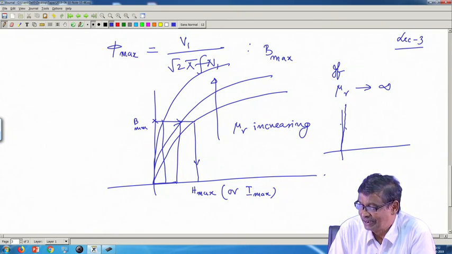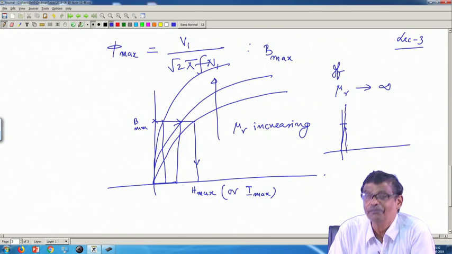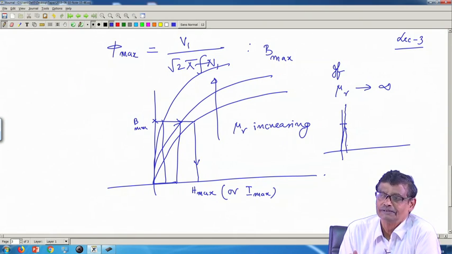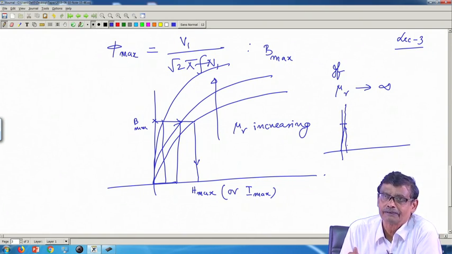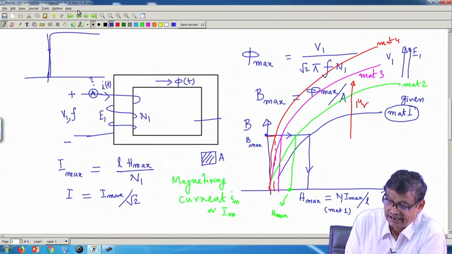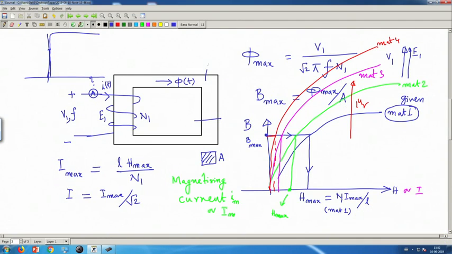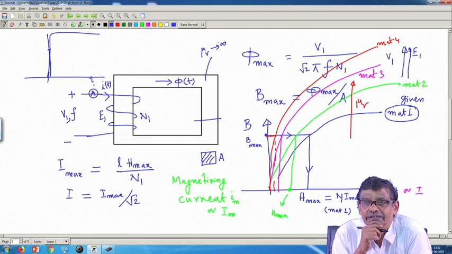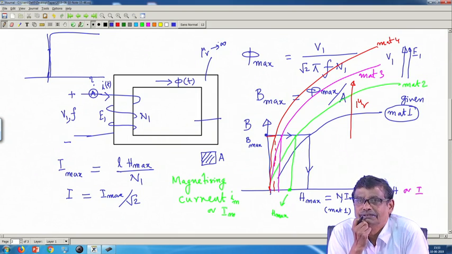Then to create a flux, current needed will be vanishingly small to establish the flux. Okay. Therefore, we can say that if this material mu r tends to infinity, what will be the ammeter reading? You think a bit. Ammeter reading will be vanishingly small.